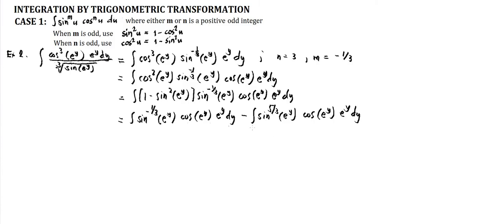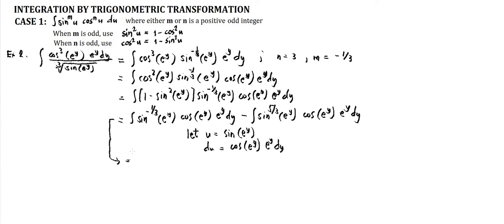Kaya dito sa mga integral na yan, let u equal sine of e to the y. And then du, so yung derivative ng sine ay cosine. So, cosine of e to the y, and then times derivative of e to the y, which is e to the y dy. Okay? So, susulat natin itong problem in terms of u.